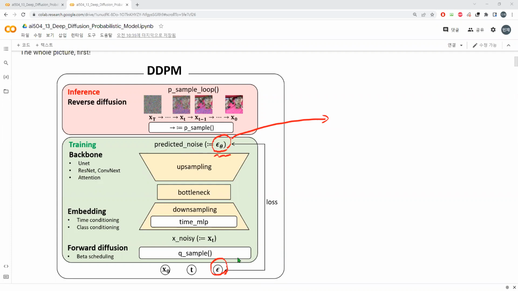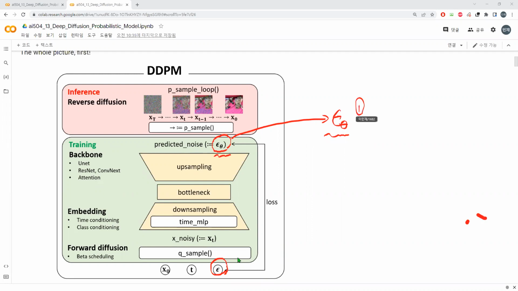Does it mean the noise added during the total process? Do you know what this is for?